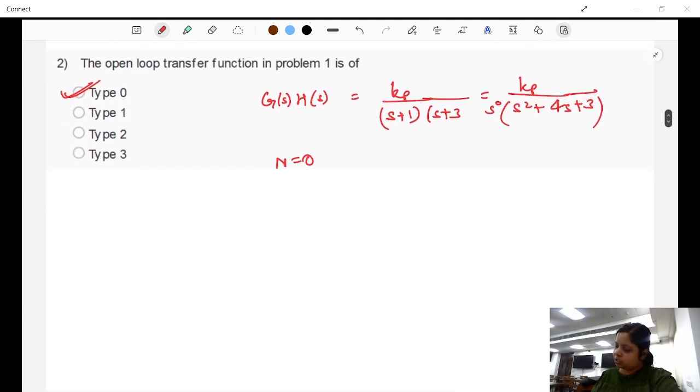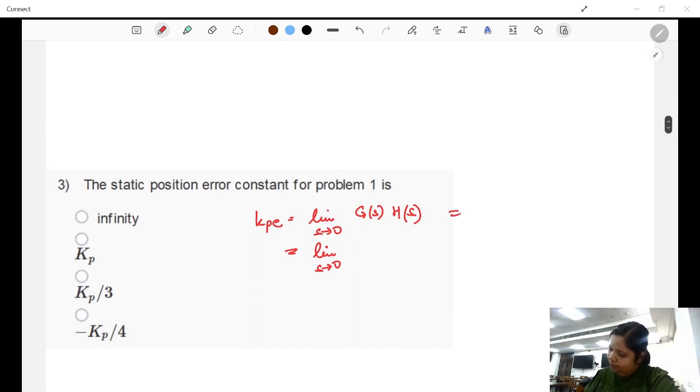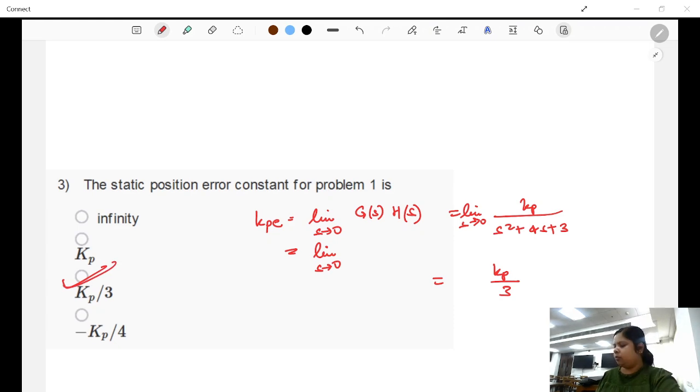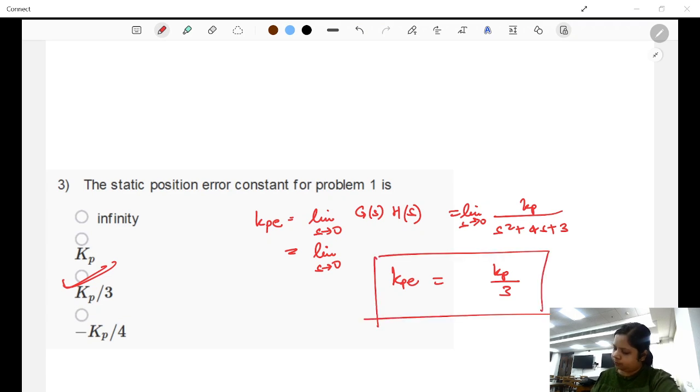What is G(s)H(s)? Kp upon s square plus 4s plus 3. Limit s tends to 0. Put s is equal to 0 here, you'll get Kp by 3. And this is your answer. So Kpe is equal to Kp by 3 is your answer to this question. Okay.